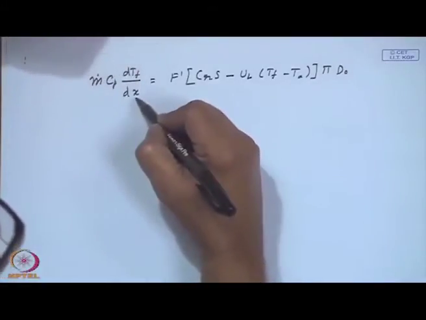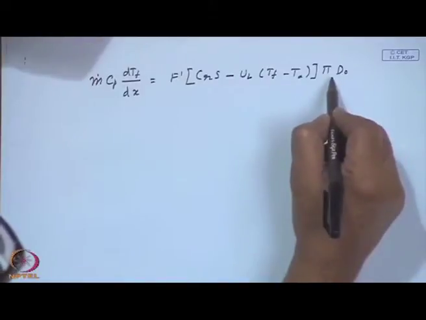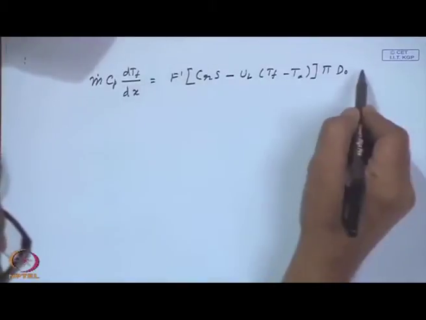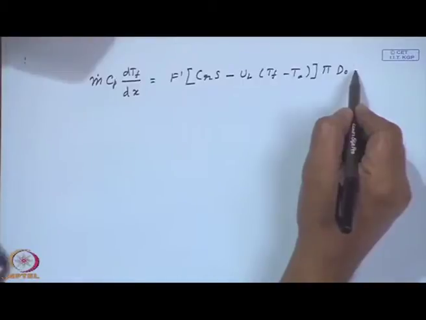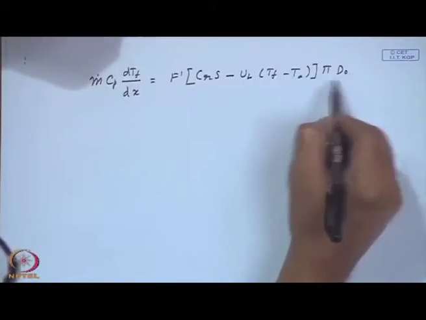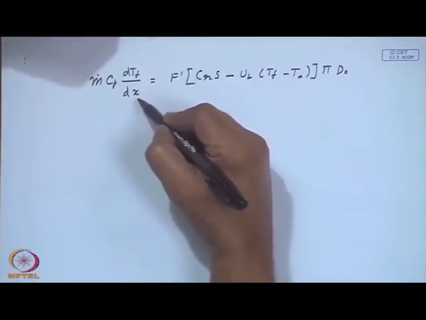Since dx is over here, I will write it only as pi d naught, and if I transfer onto the right hand side, you will have the temperature increase due to a length of dx.